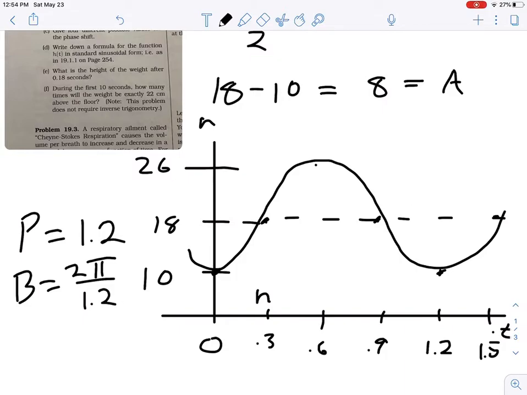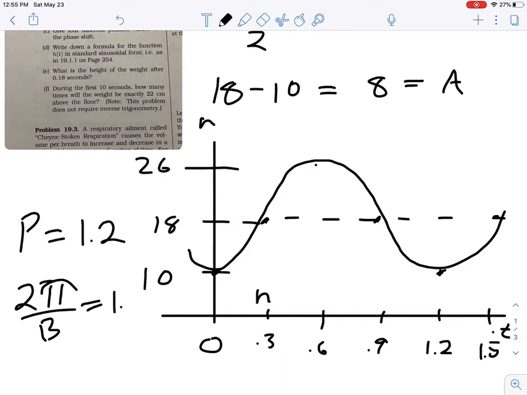And b equals 2 pi over the period. Or, excuse me, period equals 2 pi over b. So here we go. Sorry. It ends up being this way anyway. The period equals 2 pi over b.